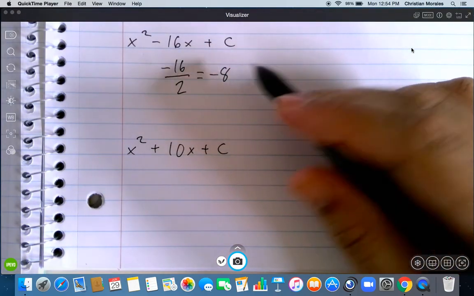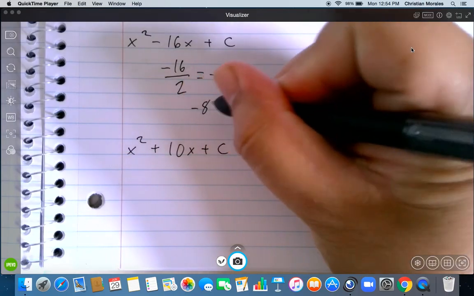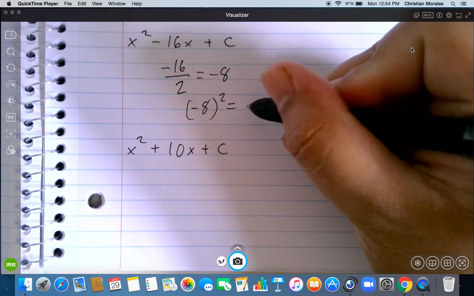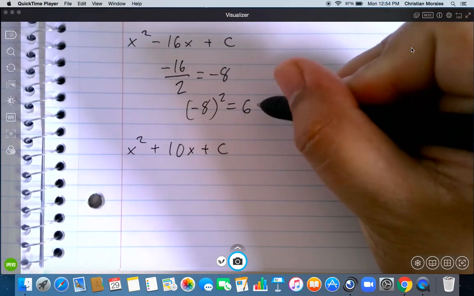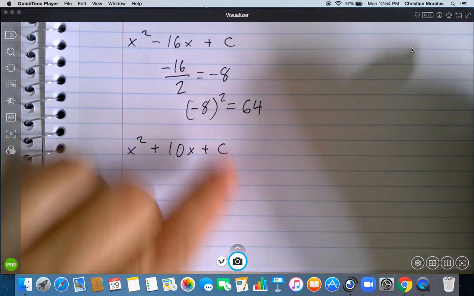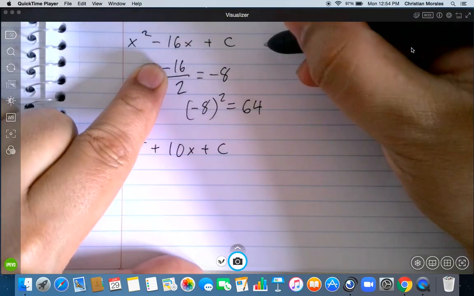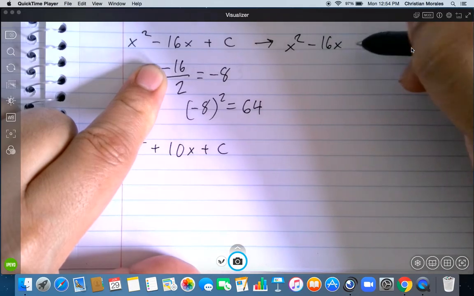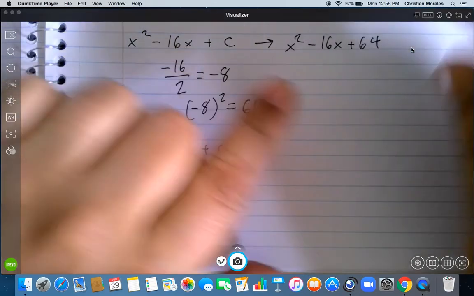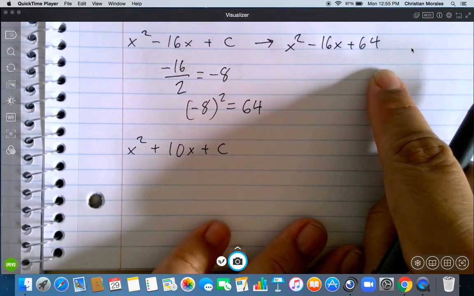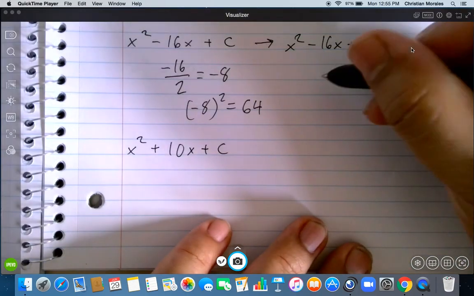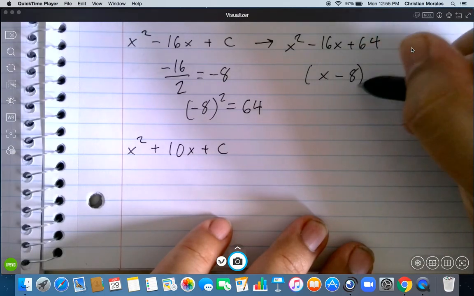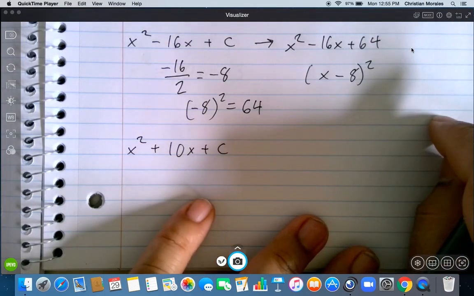Then you take that number and you square it. Negative 8 times negative 8, 64. So this expression as a perfect square should be x squared minus 16x plus 64. This is what the perfect square would be. If you write it in your factored form, it'd be x minus 8 squared. That's what the perfect square would be here.